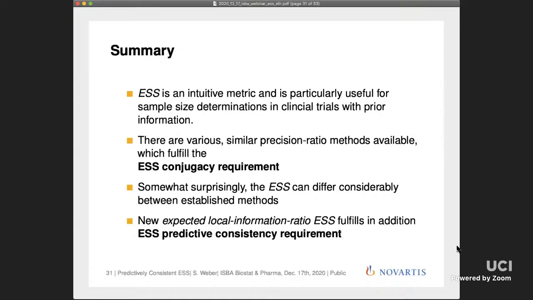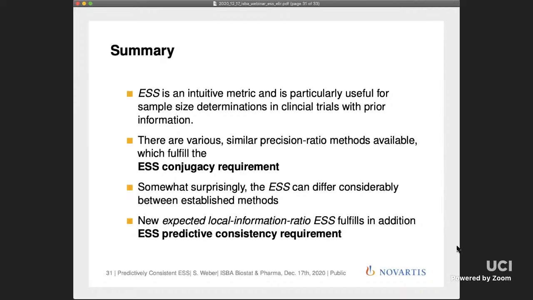Still, surprisingly, the ESS can differ considerably between these methods, even though they all agree on the canonical cases, which is really due to how they deal with the tail or with the peakiness of the distribution. And this newly put forward expected local information ratio is built such that it is predictively consistent.